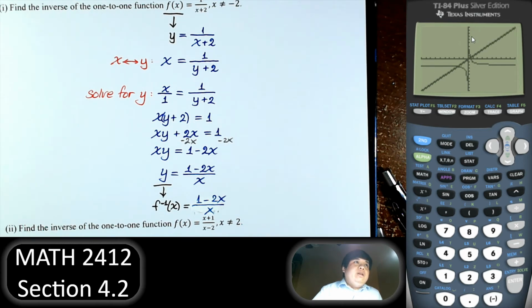It should flip over there. Now let's turn that off and look at the function. So we have that, and now let's grab both of them.